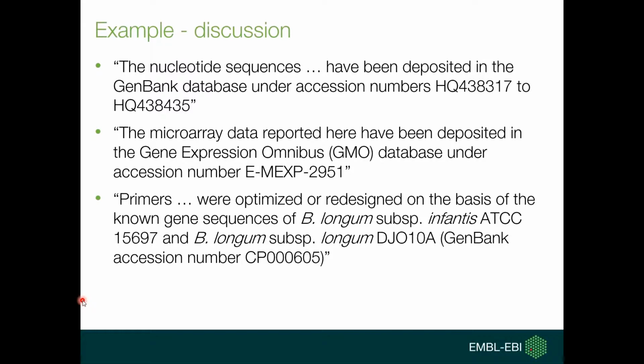That is actually an ArrayExpress database accession number, so there was a little bit of a mistake here. It's not Gene Expression Omnibus at all. So this probably does not make the data easier to find.